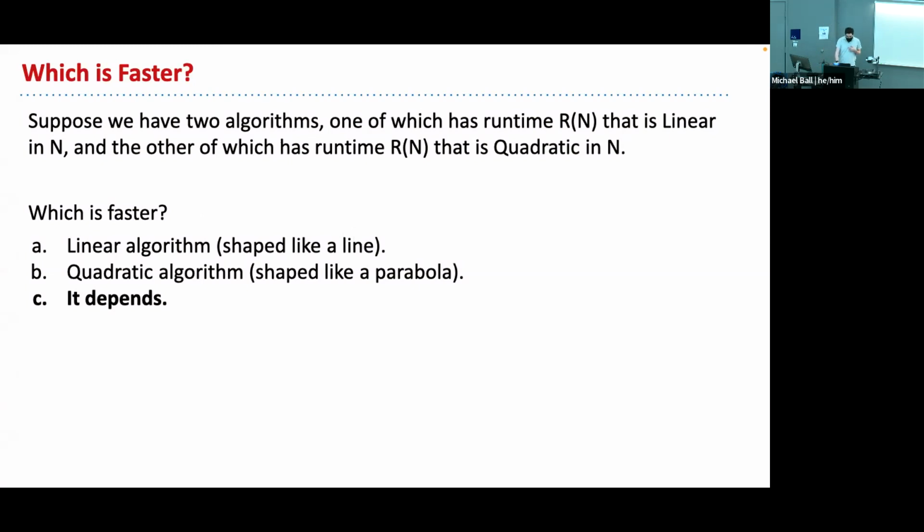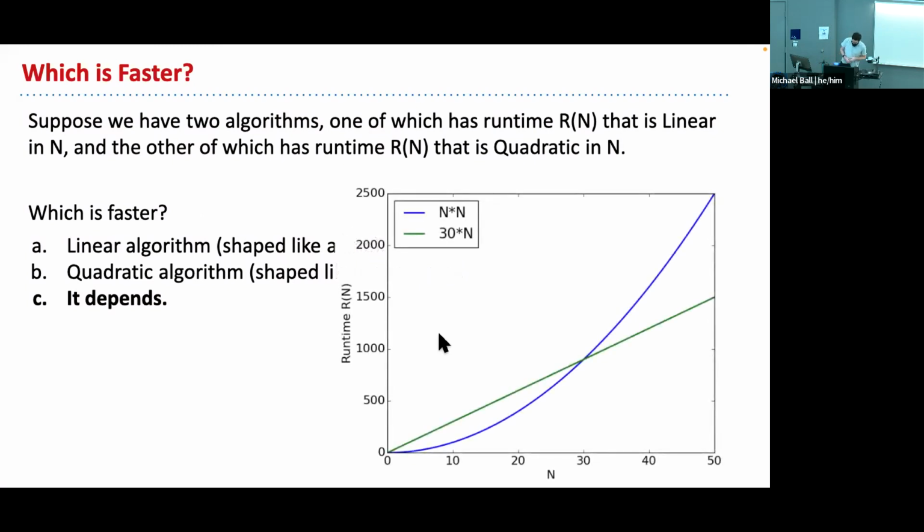If we were to graph these two functions, r of n equals n and r of n equals n squared, there's a point, for particularly small amounts of n, where n times n could be faster than some additional factor.